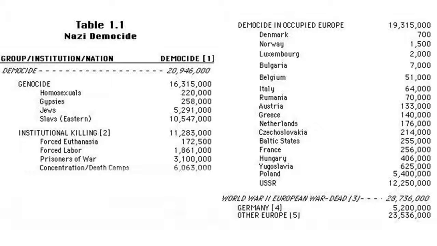And you see it broken down with Jews accounting for 5 million, Slavs, which is a race of people in Eastern Europe, 10 million, homosexuals and gypsies combined, approximately 500,000. If you look to the right, you can see which countries were affected the most. Soviet Union, 12 million people were killed, which is a lot.